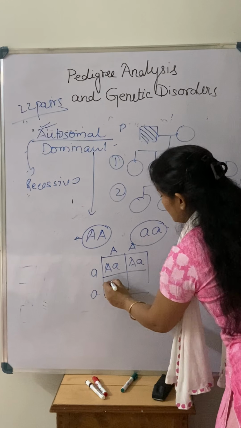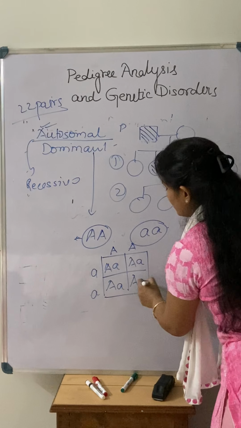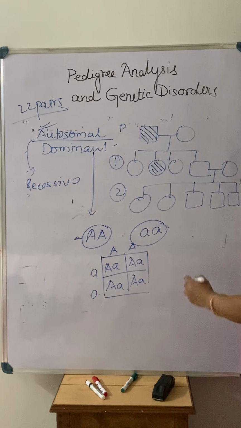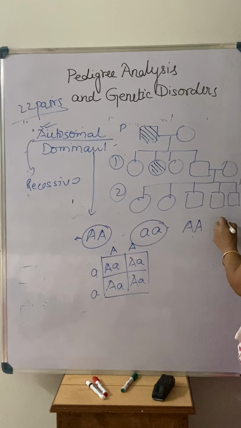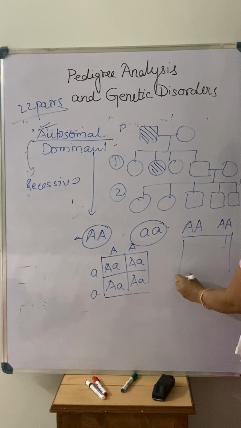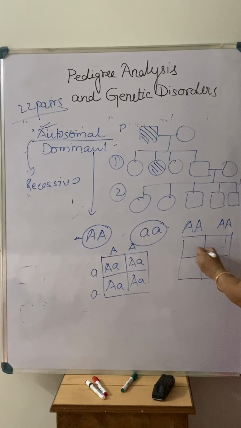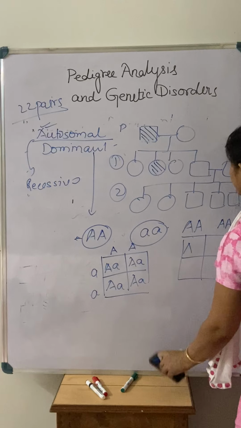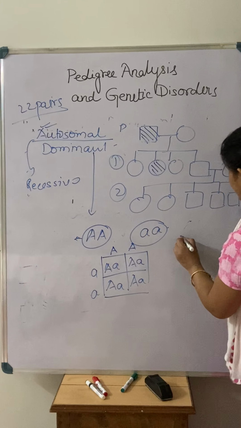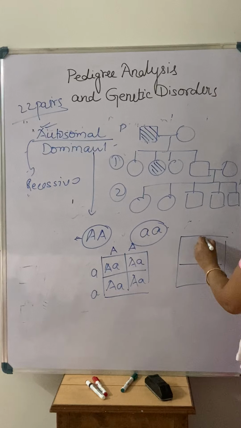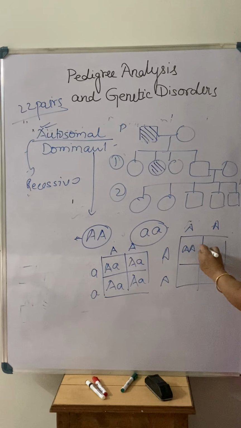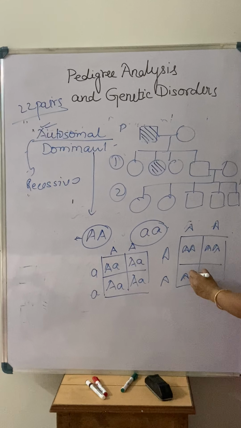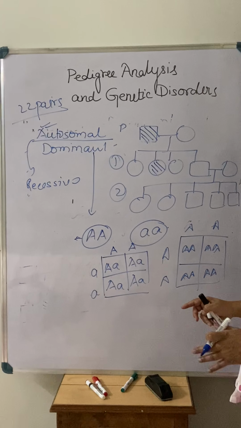You will get something like this, because we are talking about the autosomal dominant. In that case, all the progenies are the same. So this is the autosomal dominant.